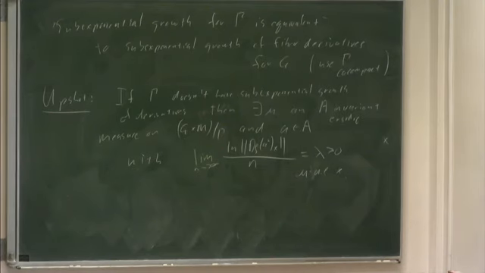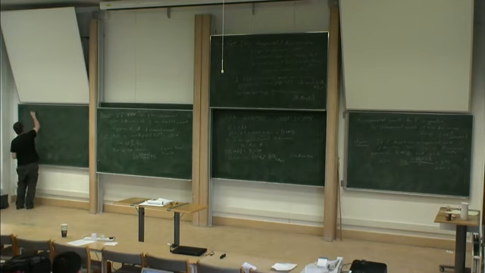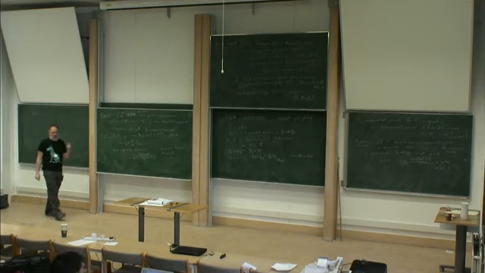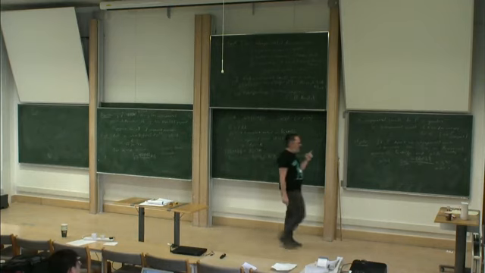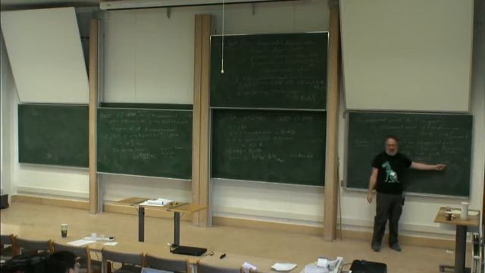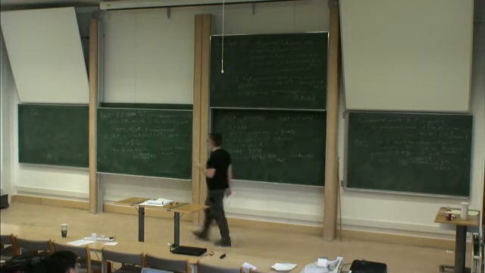So what do we do with this now? So I'm going to give you the outline of the rest of this argument. There's a goal now. What you're supposed to remember right now is that I told you that by Zimmer's co-cycle superrigidity theorem, I couldn't have this number be positive, except that was for G invariant measures, and this is just an A invariant measure. So the strategy is the following.